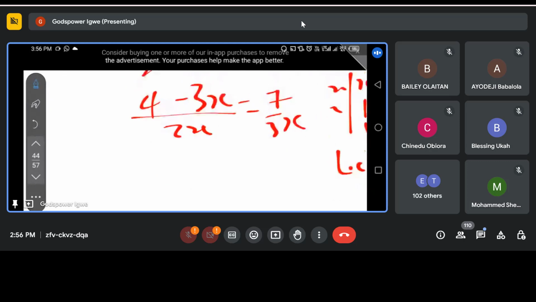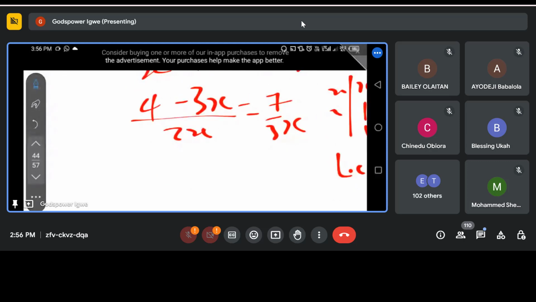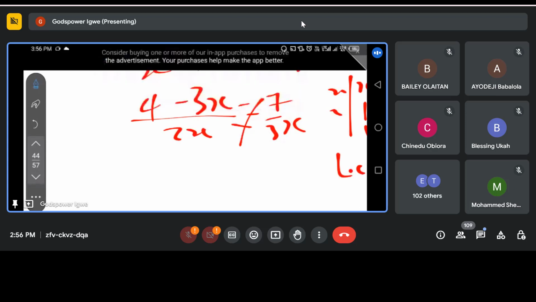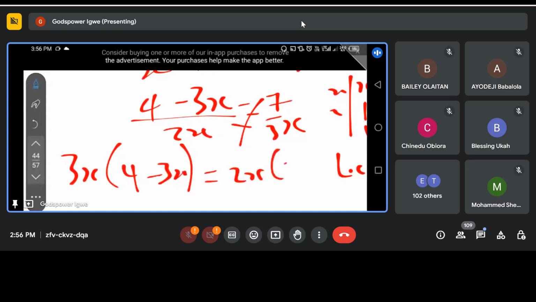So if you go further, I think we are done with this. What you need to do is cross multiplication, where the numerator multiplies the denominator, and the denominator multiplies the numerator, just as we have. So we have 3x bracket 4 minus 3x equal to 2x multiplied by 7.